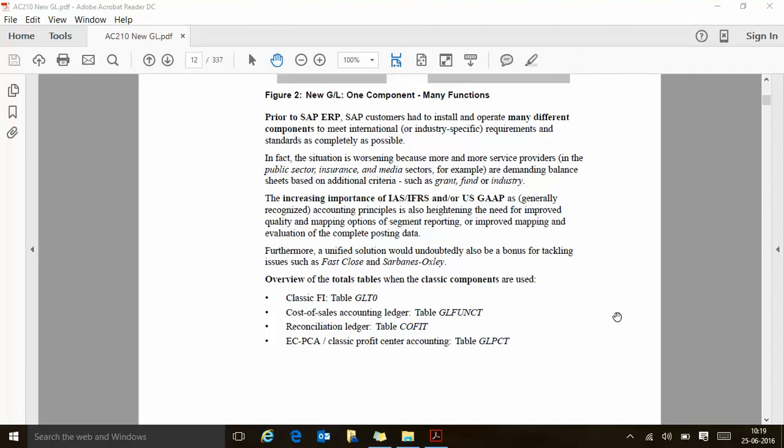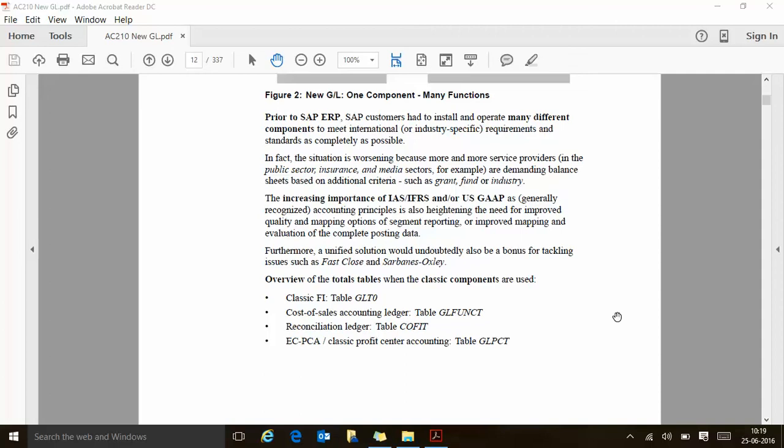Overview of total tables when classic components are used. These were the tables being used in classic GL, and those tables were replaced by new GL moving forward. So we have the classic GL total table as GLT0.